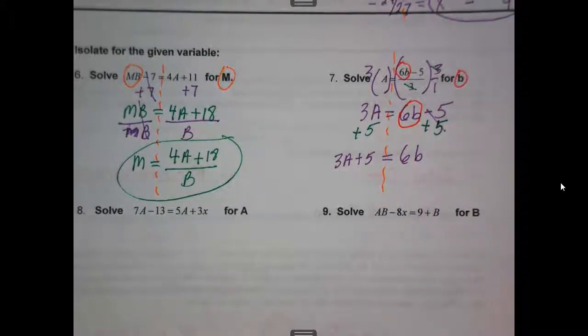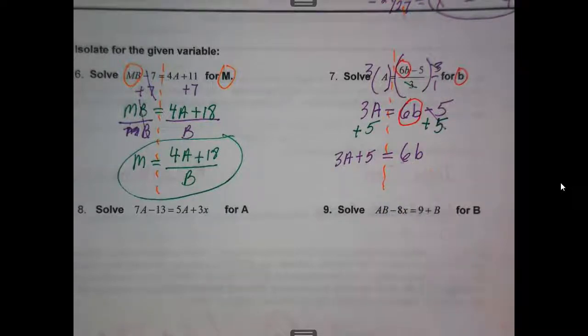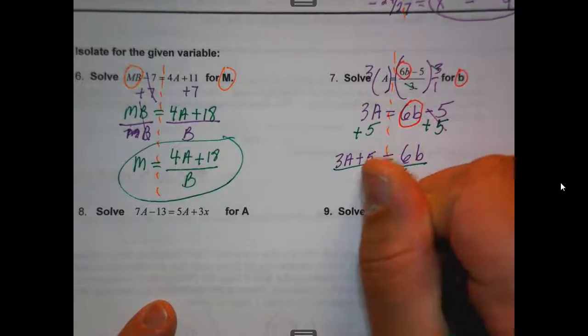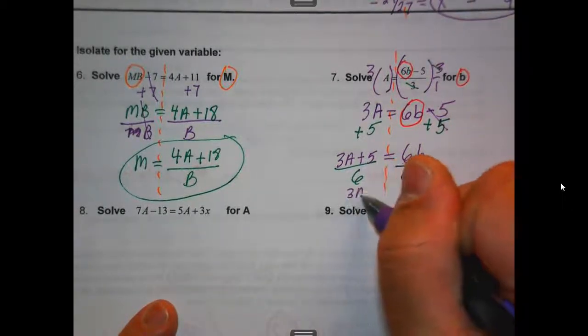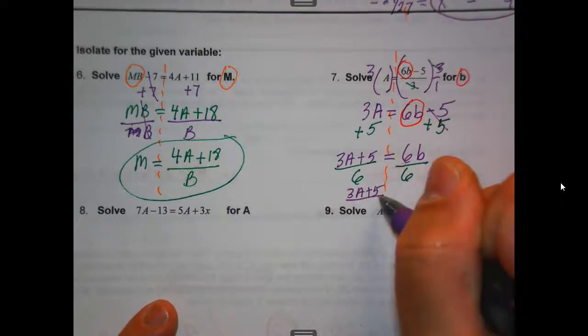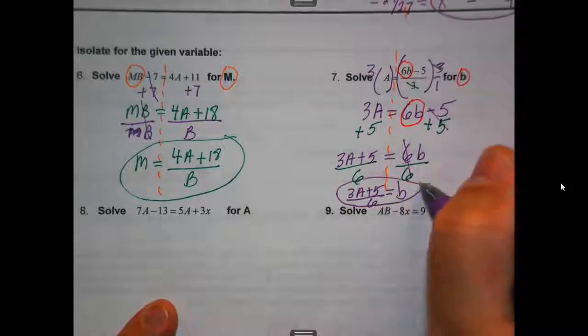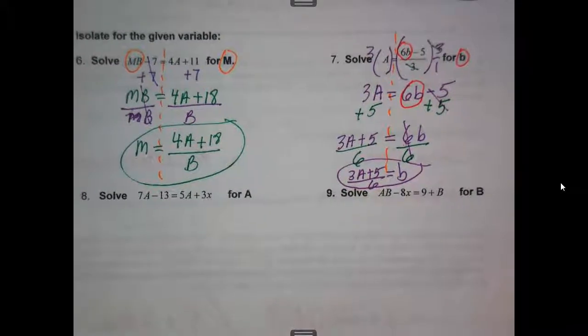And then I have multiplication between the 6 and the b, so I have to divide by 6. So we get this whole big mess, 3a plus 5 divided by 6 equals b. Now, so that started some problems.